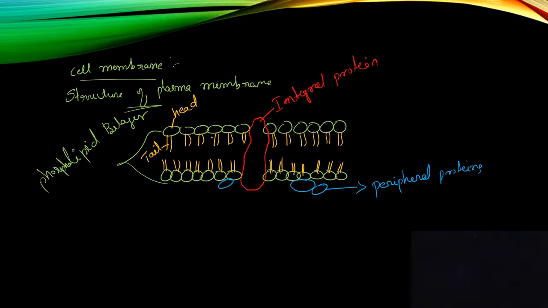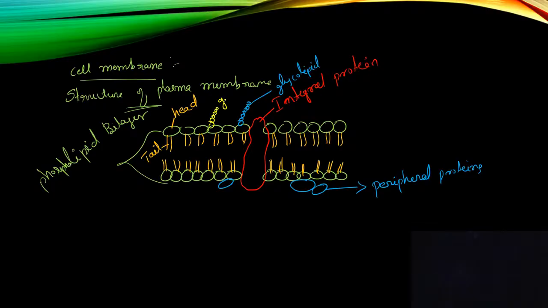Another important structure along with this is some carbohydrates, which we're also going to observe. The carbohydrates exist mainly in the complex form or in the conjugated form. The first one is glycolipid, and the other one is similar but somewhat different.